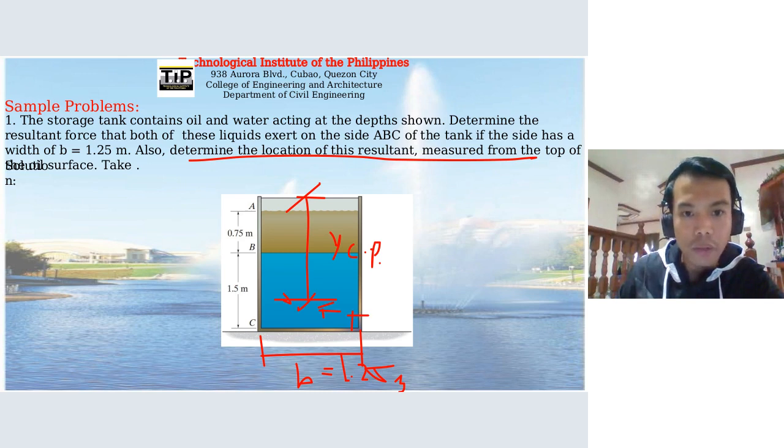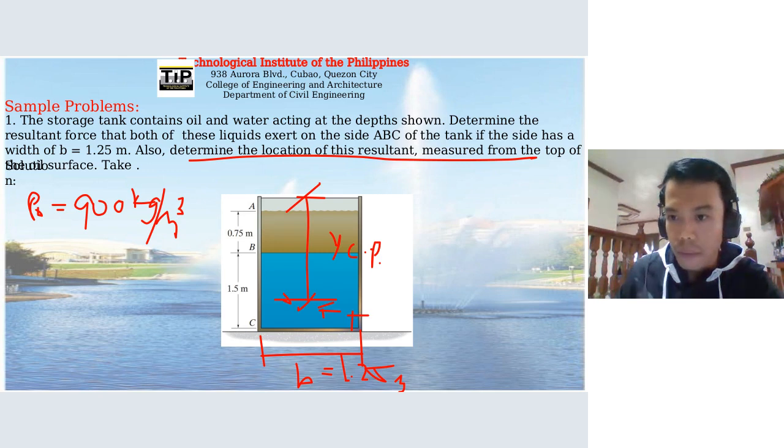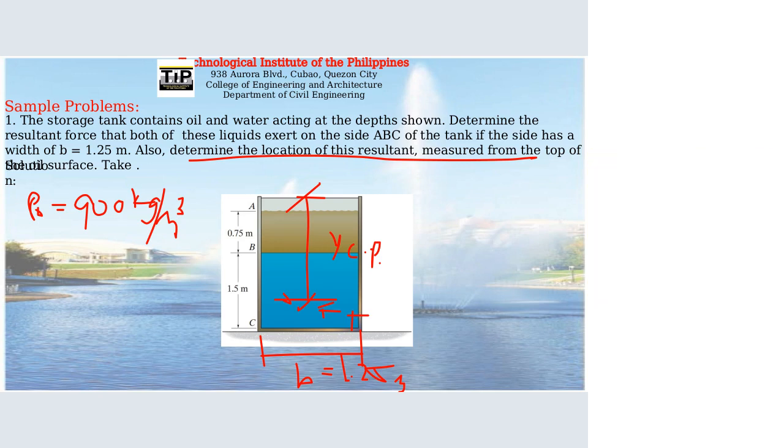Meron pa tayong given yung mass density ni oil. That is 900 kg over cubic meters. Okay, so let's solve this one. I'll share my external camera.